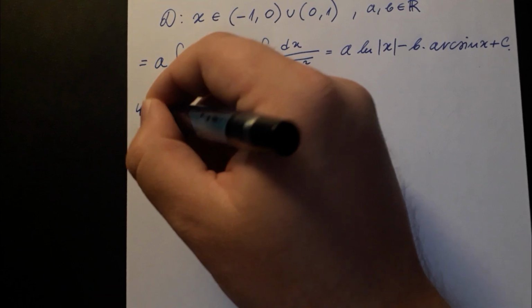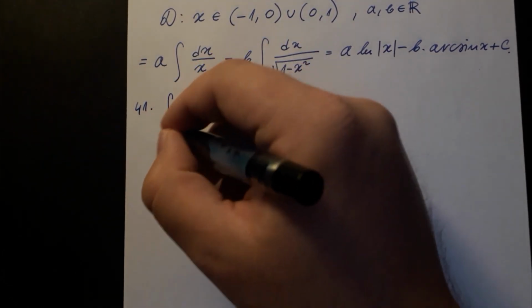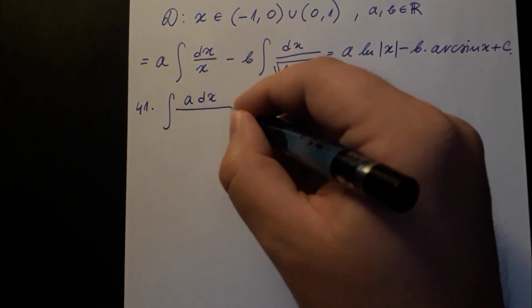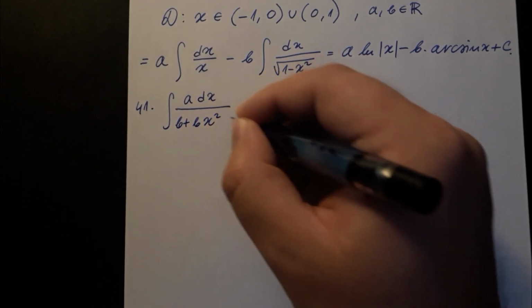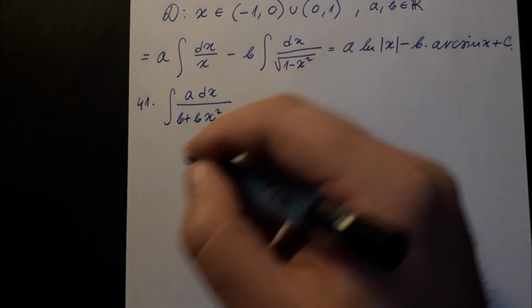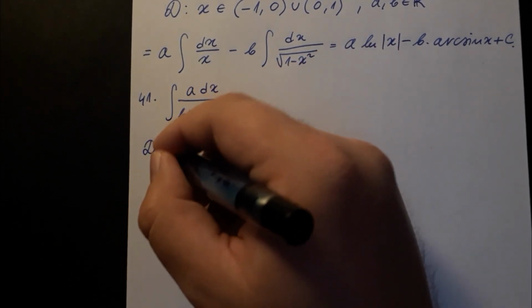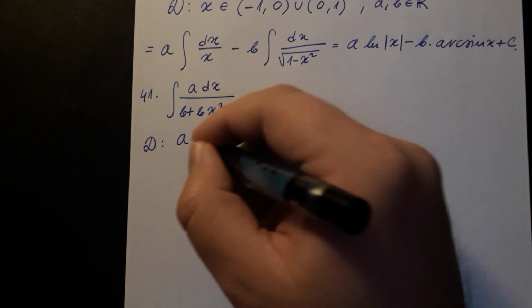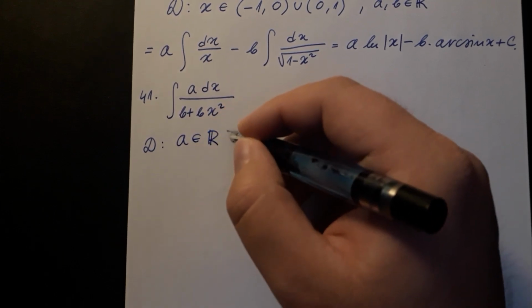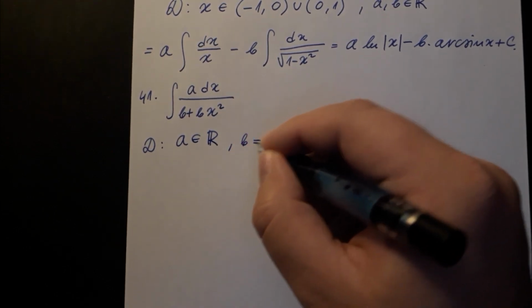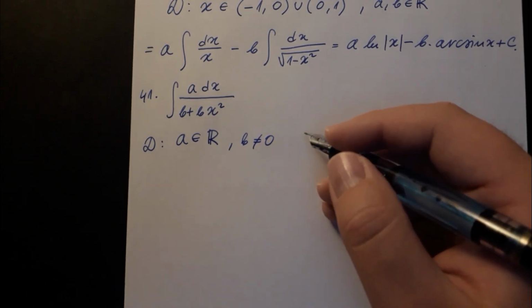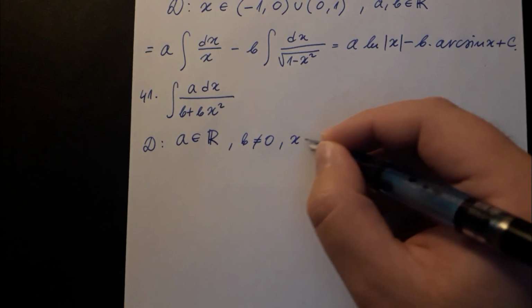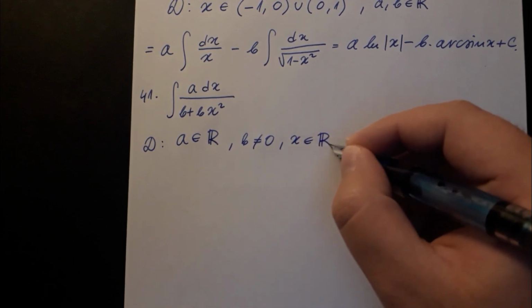Integral number 41 on our list is an integral of a dx divided by b plus bx squared. In order for this integral to be well defined, a is a real number, and b has to be different from 0 because division by 0 is not allowed, and x can be any real number.